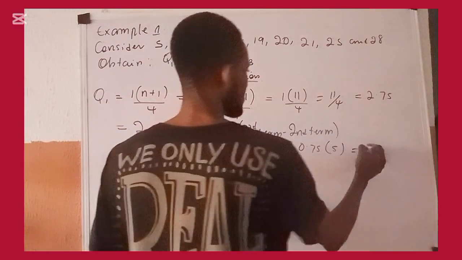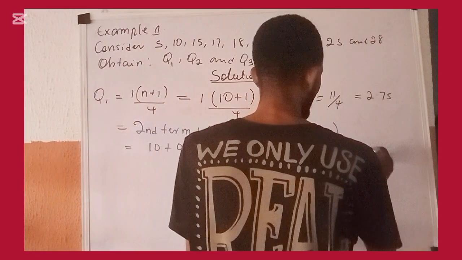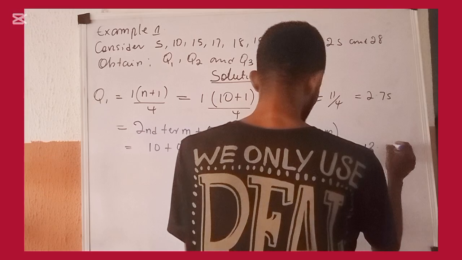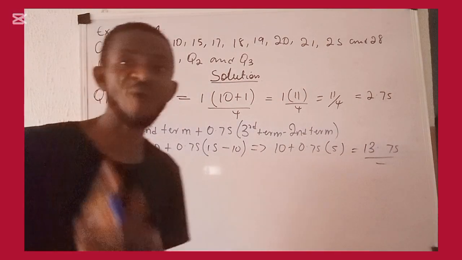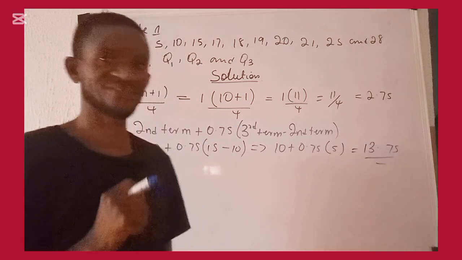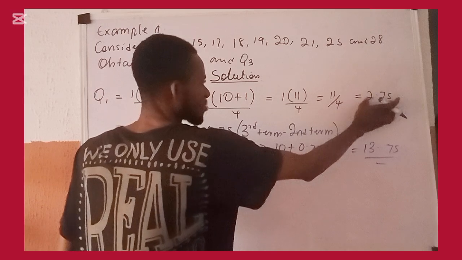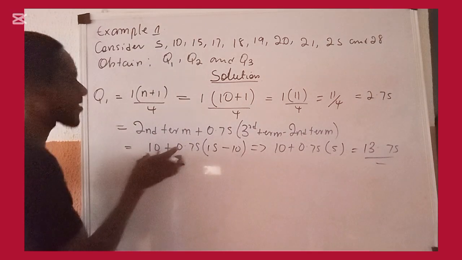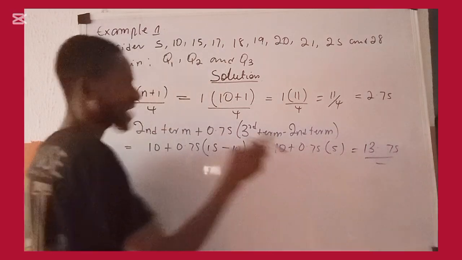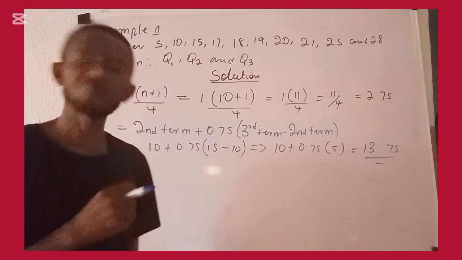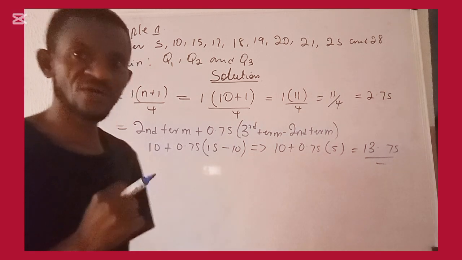When you multiply this, we arrive at the answer 13.75, sorry. So this 13.75 is our first quartile. You see what we did here? We conclusively concluded that our first quartile is 13.75.